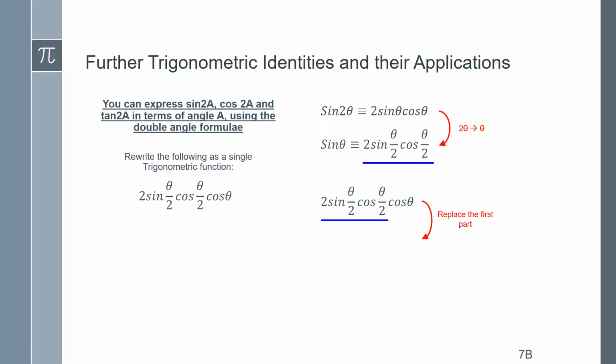There we go, the blue lines showed a bit I'm replacing, so I'm left with sine theta cos theta. That, however, isn't quite a single trig function, so we can rewrite that as a half sine 2 theta, because if we look at the thing underlined in blue we can see the similarity between them, and now we have done it.